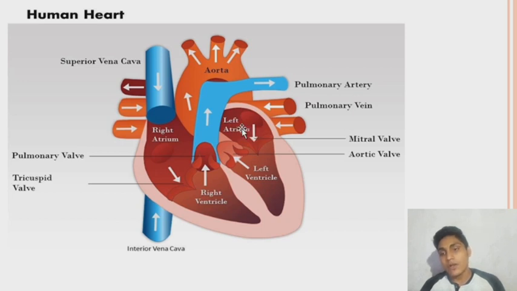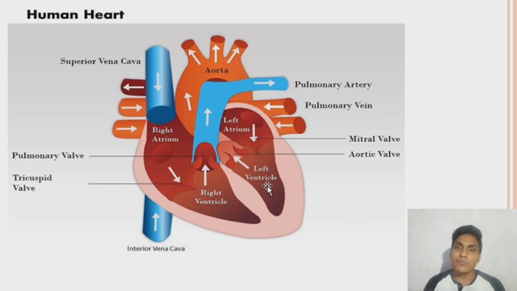Once the lungs purify this blood by adding oxygen, it is transferred to the left atrium with the help of the pulmonary vein, as you can see on the screen. Once the blood is collected in the left atrium, it goes to the left ventricle. From the left ventricle, the pure blood is transferred to the other parts of the body with the help of the longest artery, known as the aorta.